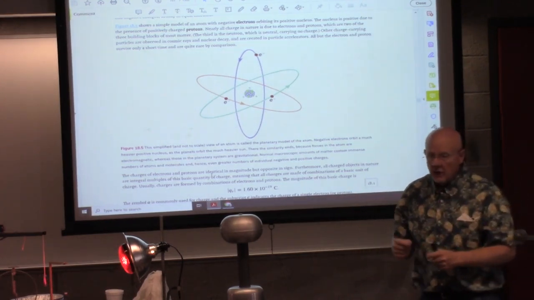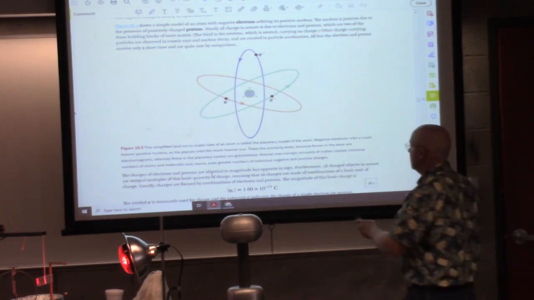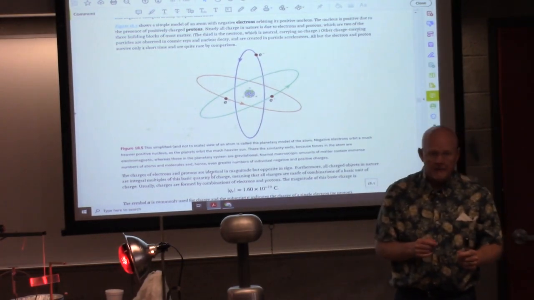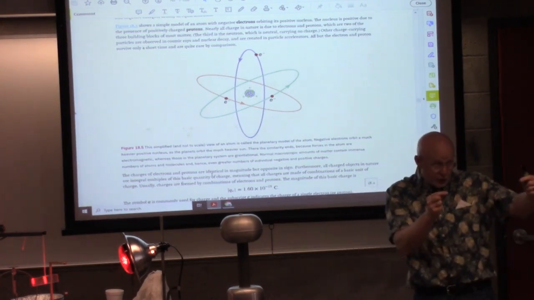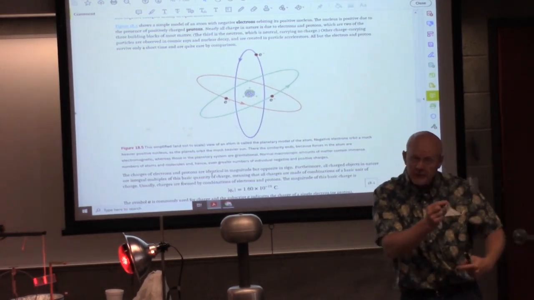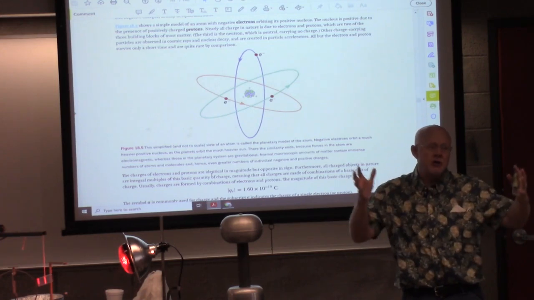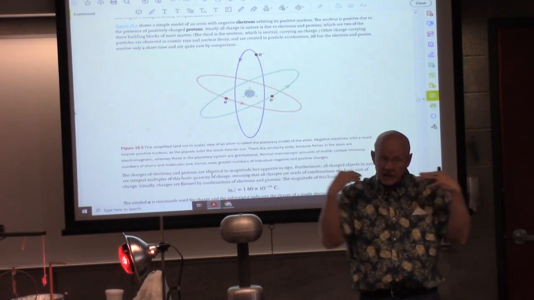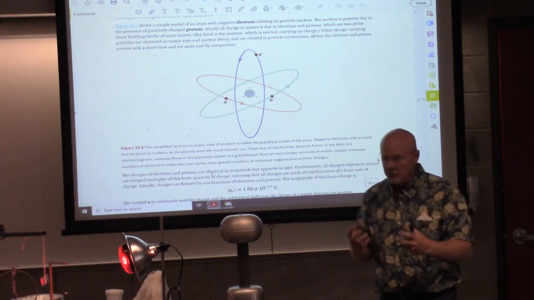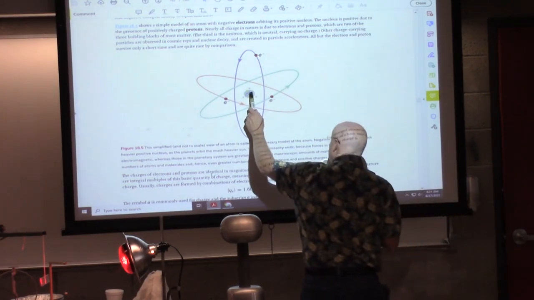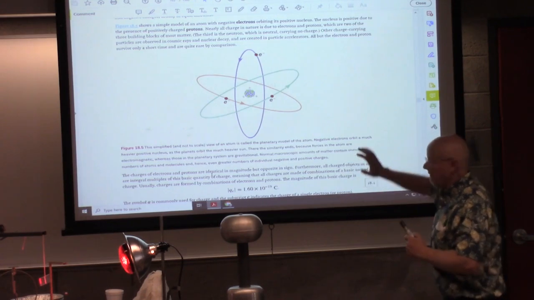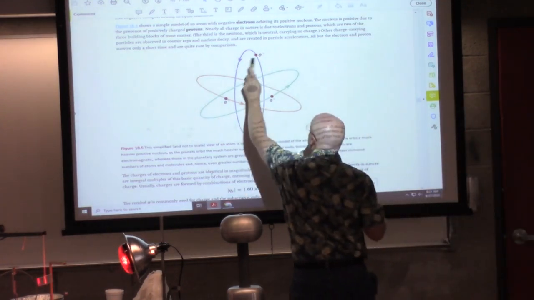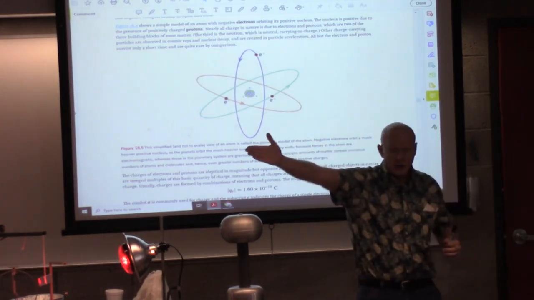That is, if you took this nucleus, which is really small, and compared it to where the electrons are, 100,000 times further out. A similar comparison would be to say if this nucleus right here was the size of our football field down here in the stadium, then these electrons would be over in New York.